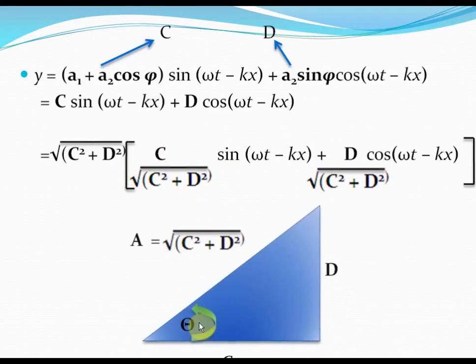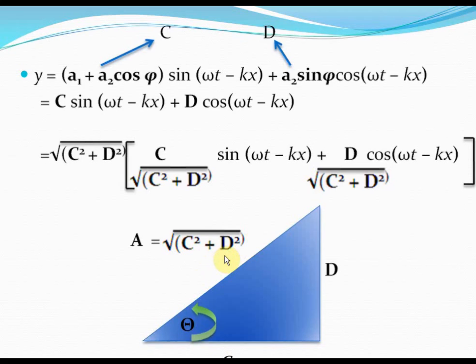If c was one side of a right angle triangle and d was the other side, then the hypotenuse would be the square root of c square plus d square. If theta was this angle of the right angle triangle, then sin theta would be d divided by root of c square plus d square, and cos theta would be c divided by the square root of c square plus d square.